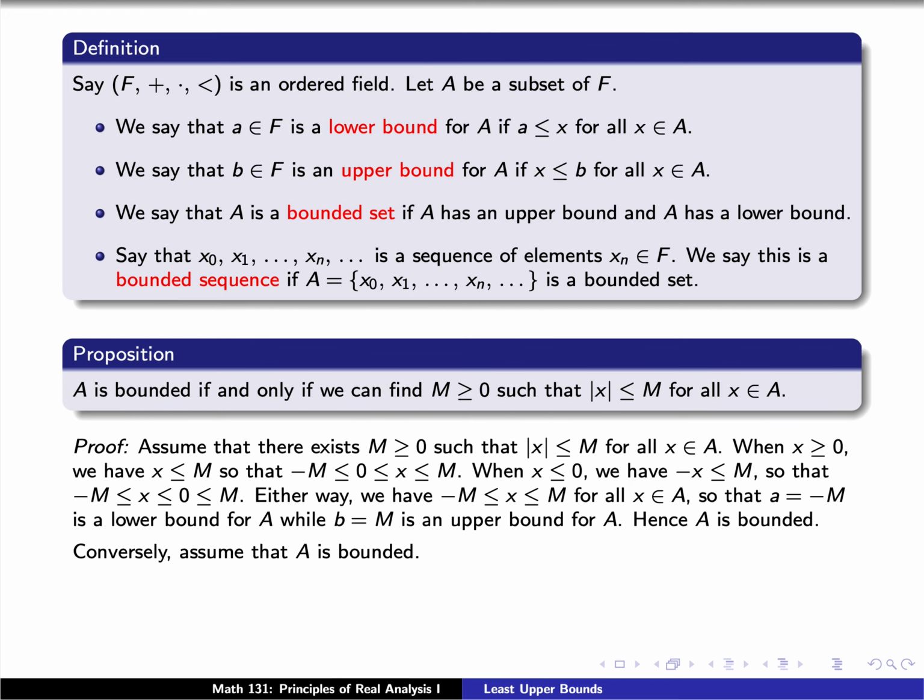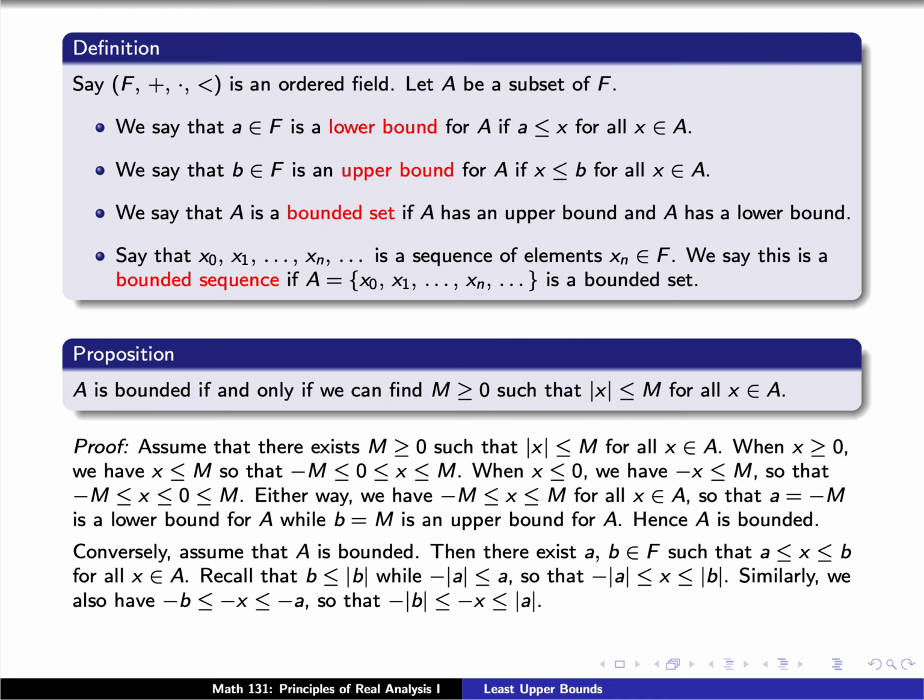Conversely, let's assume that our set A is bounded. We'll need to try to construct this bound capital M. Well, to say that capital A is bounded means that there exist elements a and b such that a is less than or equal to x is less than or equal to b for all x in the set A. Recall that b is less than or equal to the absolute value of b.